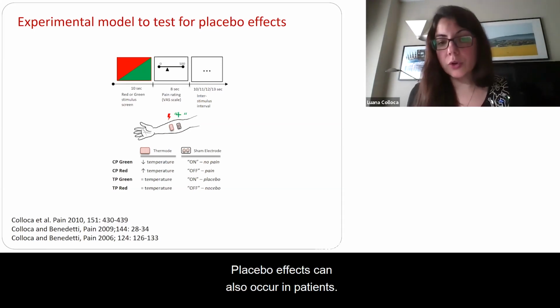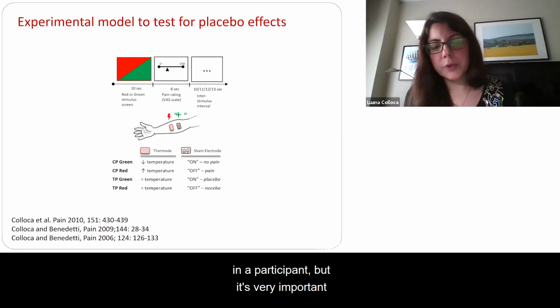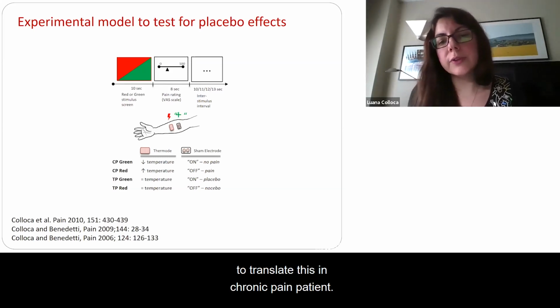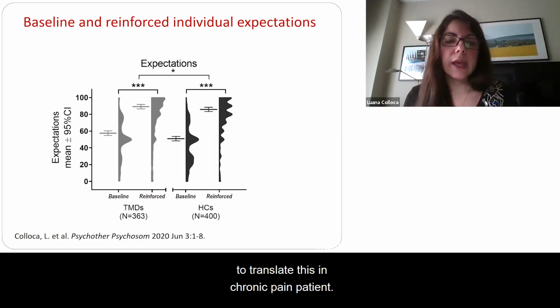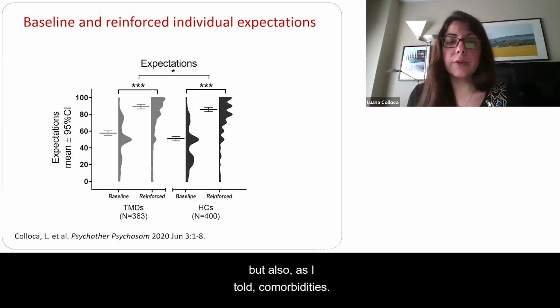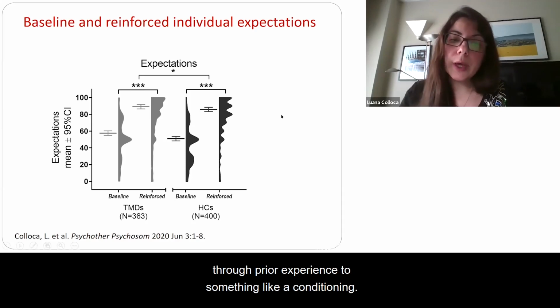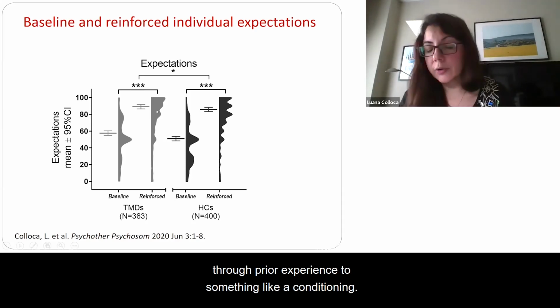Placebo effects can also occur in patients. So far, placebo research has focused primarily on healthy participants, but it's very important to translate this in chronic pain patients. These are patients who have primarily orofacial pain, temporomandibular pain, but also a set of comorbidities. We found that we can shape their expectation through prior experience with something like a conditioning.